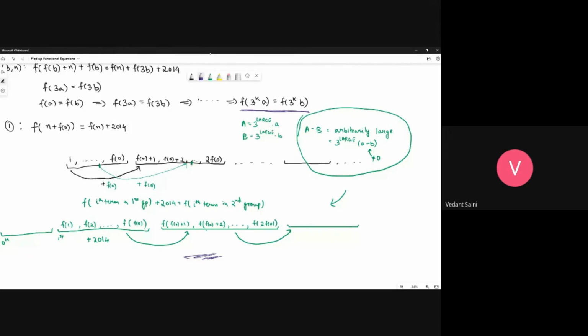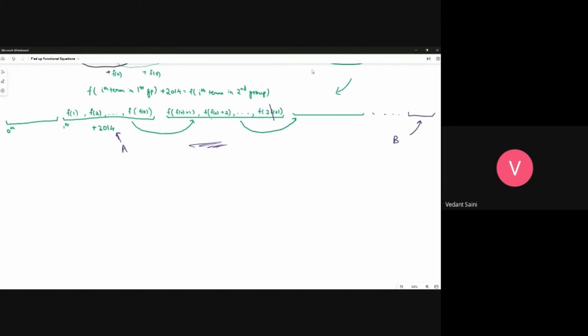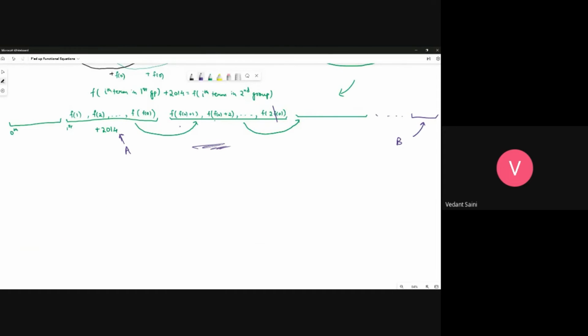So if A is in this group and B is some group which is very far off, let's say the minimum A and B are in these two groups.